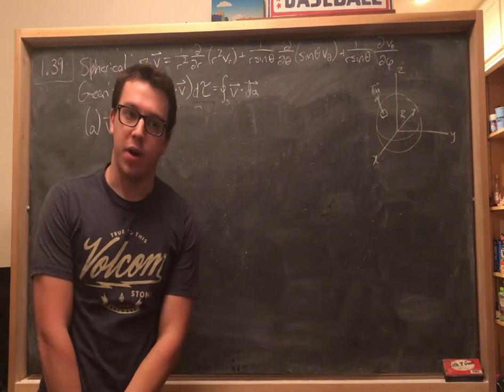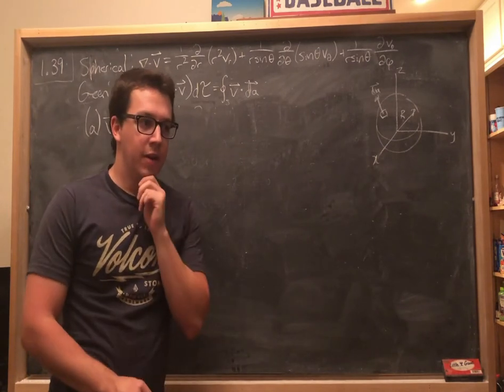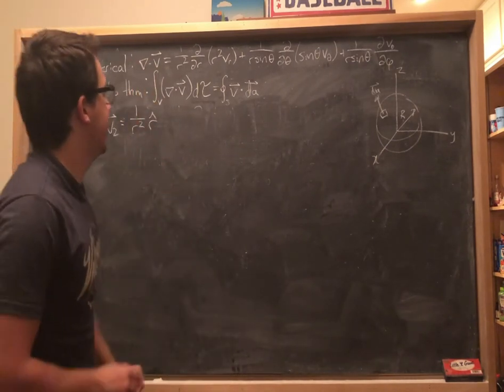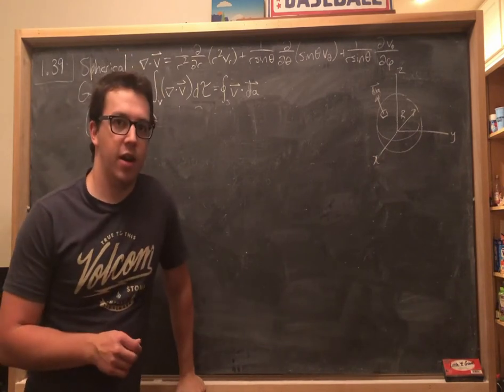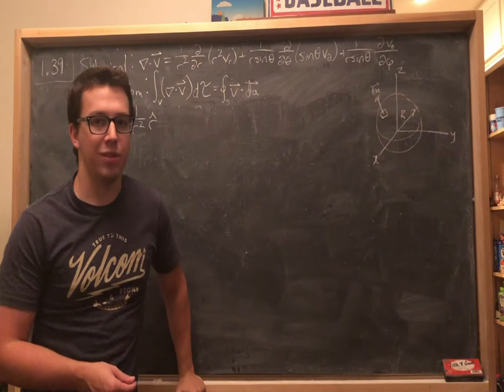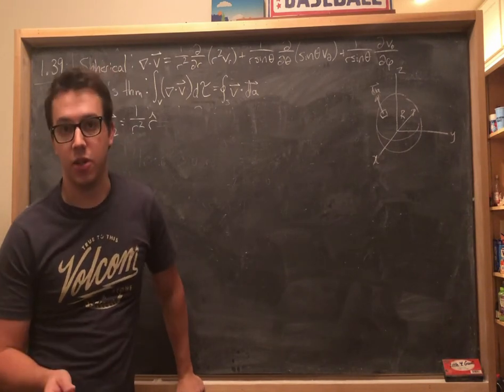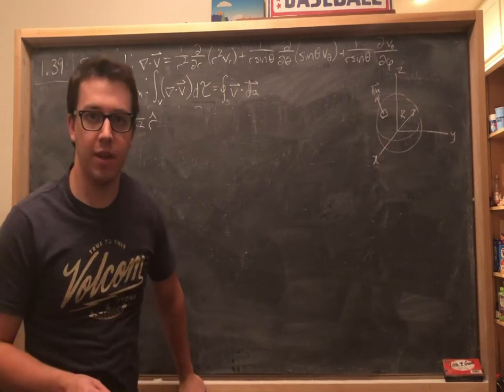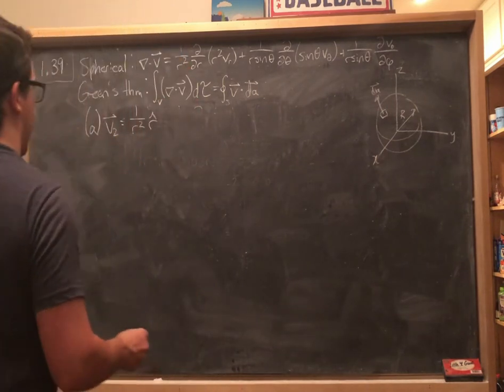Well, we've already done problem 1.16, so why don't we see if doing this in spherical coordinates gives us the same answer that we got in problem 1.16. Before we got 0 for the divergence, let's see if we get that same divergence again.